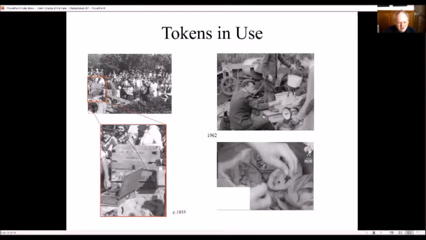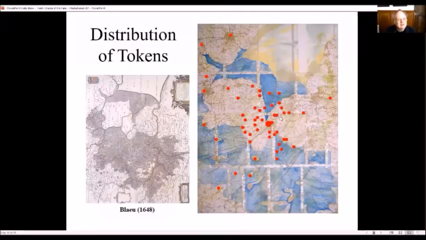It shows the farmer with a box of tokens between his knees at the weighing station, and I think these are gooseberries that are being picked, and that's a machine for pulling the little stalks off gooseberries before they're put into the main box. There's one of the baskets for picking the fruit into, and one frame at the end of this film shows the farmer reaching into the box where bags of tokens are kept, and he's handing out the appropriate amount of money to the person for the weighed fruit.